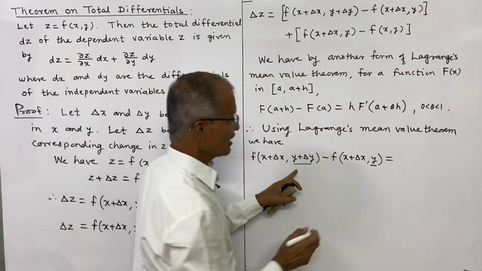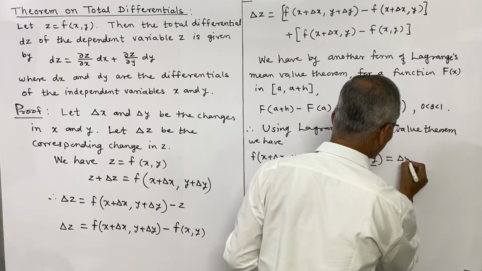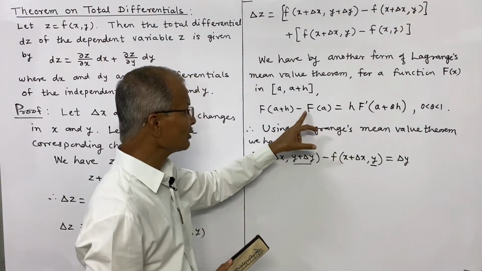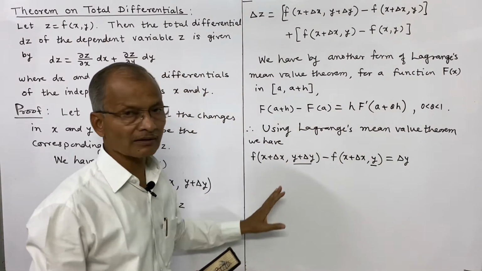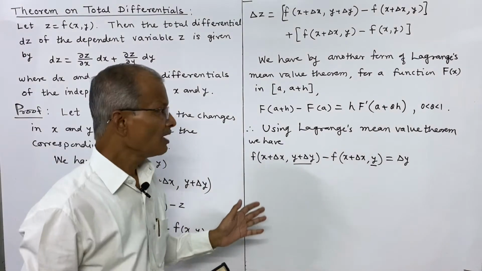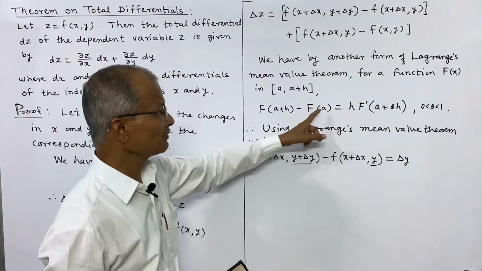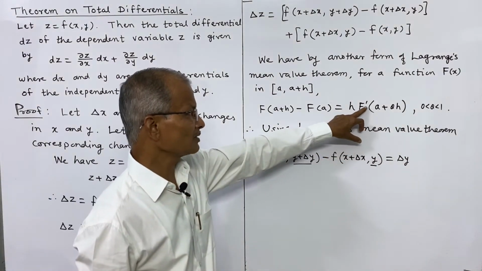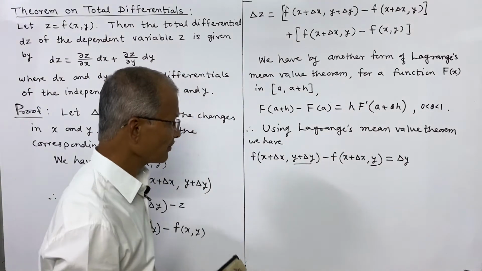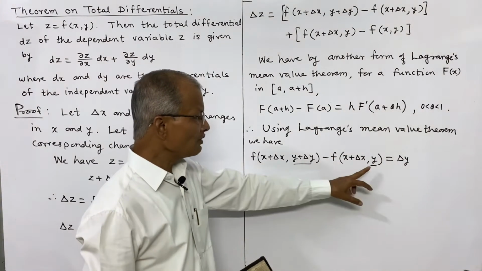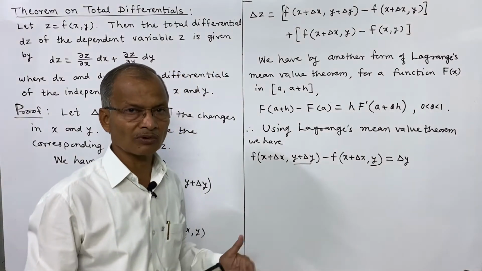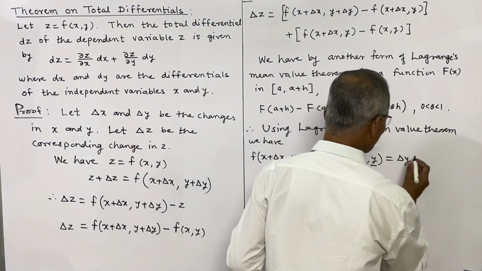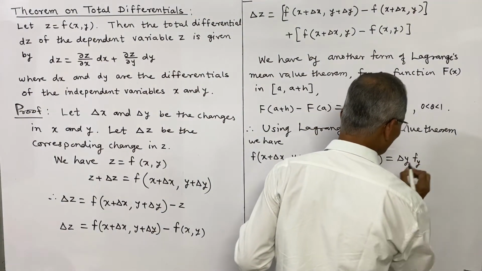That is delta y. So in place of h here we have delta y, and now F dash here means the derivative of this function, and here that derivative will be partial, because here this is a function of a single variable, and the derivative we have denoted by this prime notation, which is the total derivative. But here only the y variable is changing, therefore the function is to be differentiated with respect to y, and this F dash becomes the partial derivative of f with respect to y.